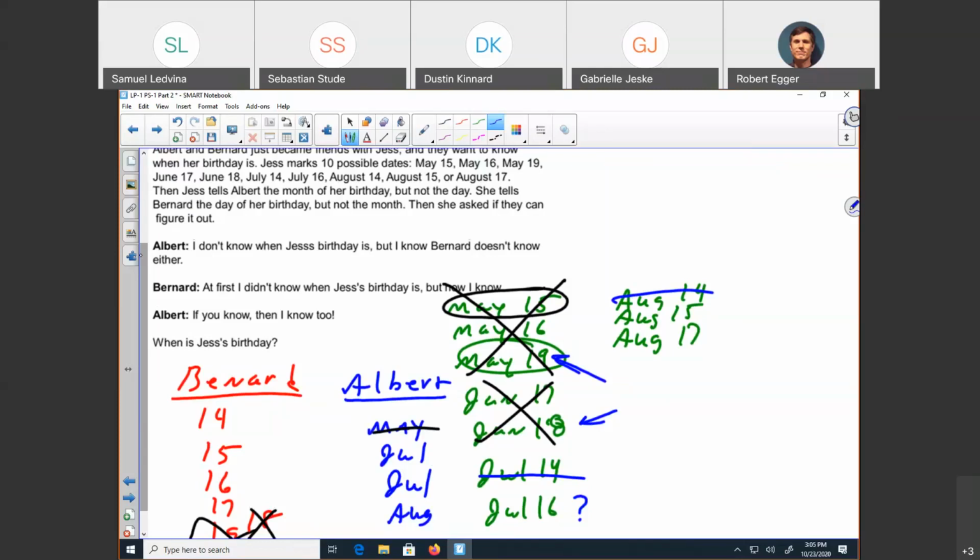Because right now we're down to two months. If Bernard knows what it is, it's down to the 16th of July or the 15th or 17th of August. But Albert says he knows what it is. Now, if it's the 15th or 17th, could Albert figure out what it was if he knows August?